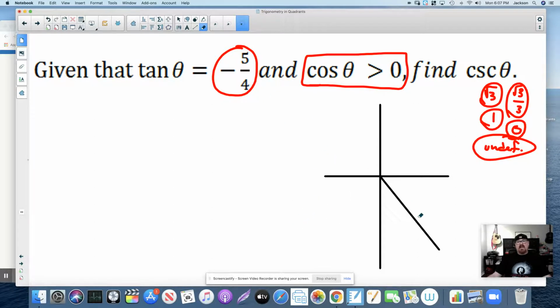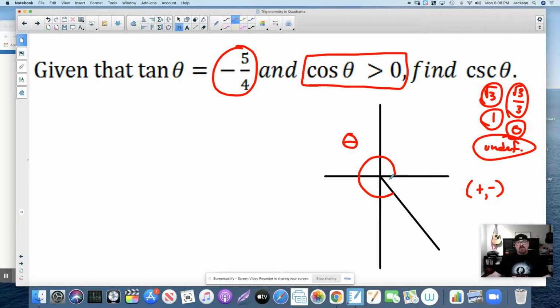Okay, so the tangent of this angle, and just to be clear, the angle in question is here. This angle has a tangent value of negative 5/4. It has a cosine value that's positive because over here, our x coordinates are positive and our y coordinates are negative. So we know that it has to fall down here.